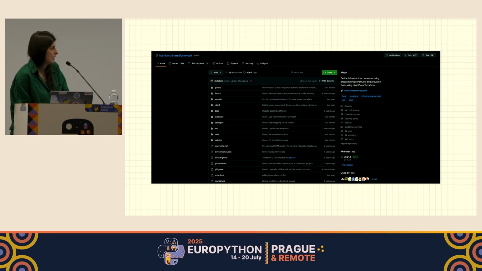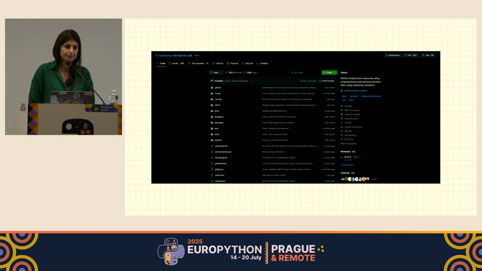Also, they are developing it, but unfortunately, not many people are using it. That's why it's very hard to find information, but it has a lot of benefits over simple Terraform. And that's all, thank you for your attention.